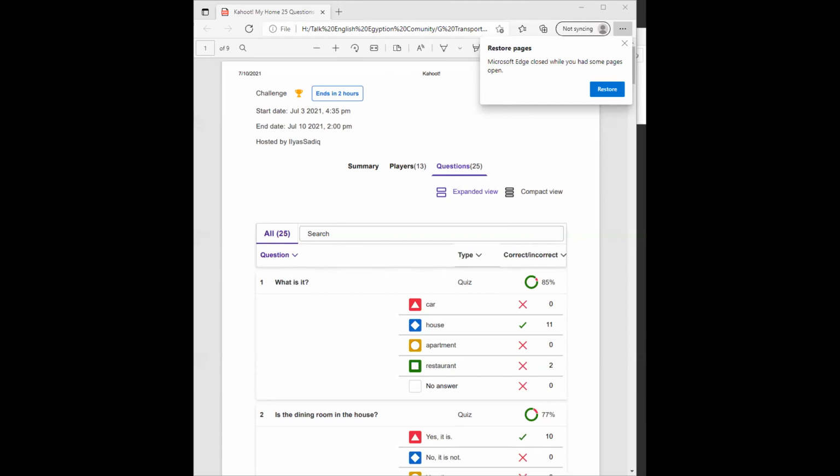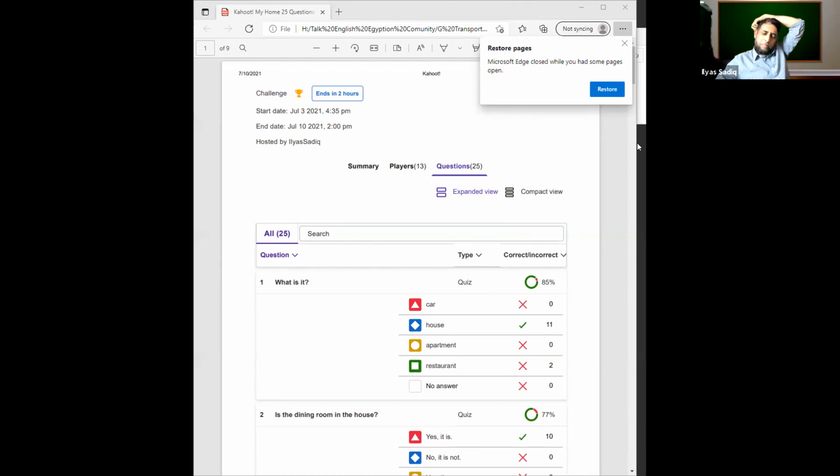So 11 people gave the right answer, and 3 people gave the wrong answer. So basically it was a grammar question. Yes, it is. Yes, they are. What is the right answer? Yes, it is, or yes, they are? Yes, it is is the right answer.